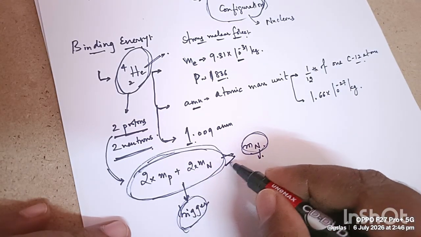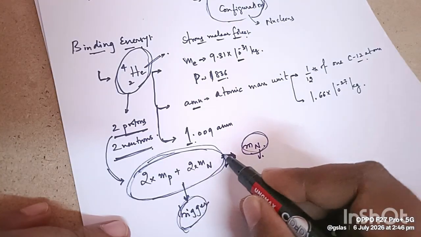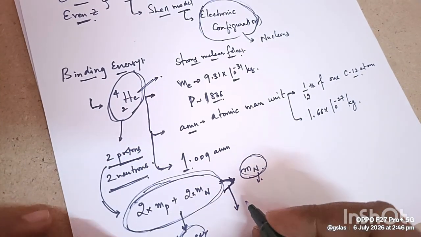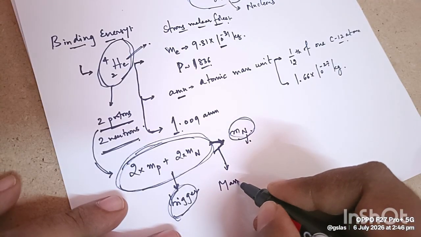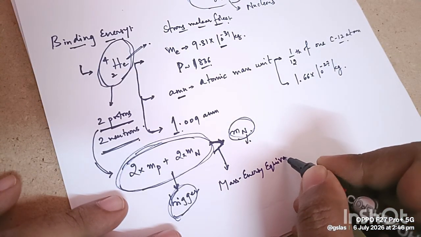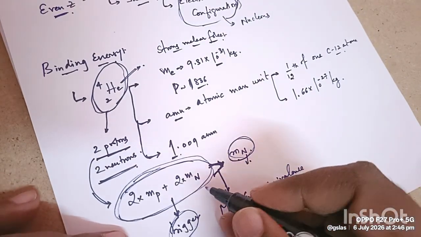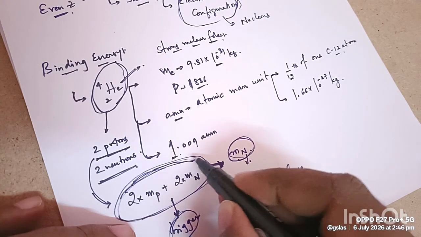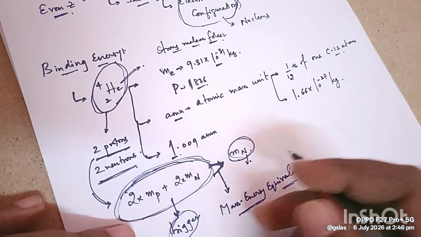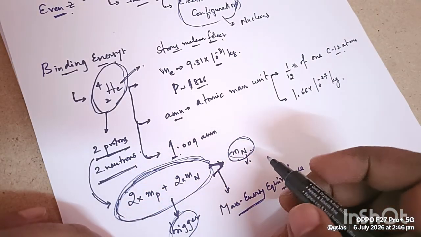So this is greater than this, so some mass is kind of disappearing, that mass is actually converting into energy, and we call that mass energy equivalence. So that means the given mass can be converted into energy and vice versa, energy can be converted into mass, which is the whole thing said by Einstein.